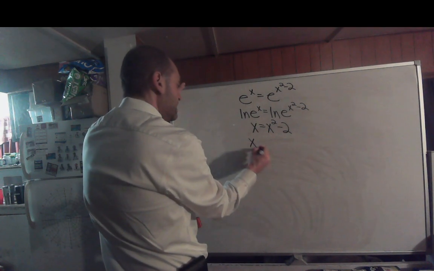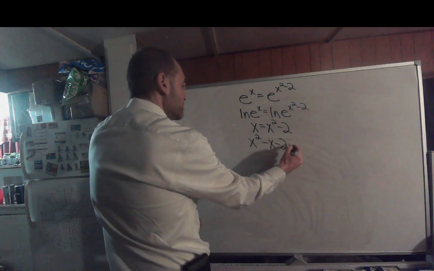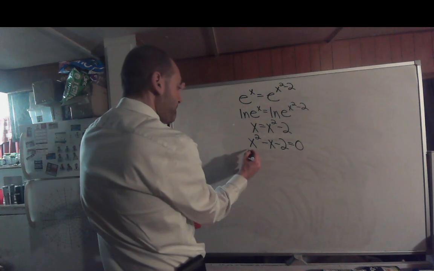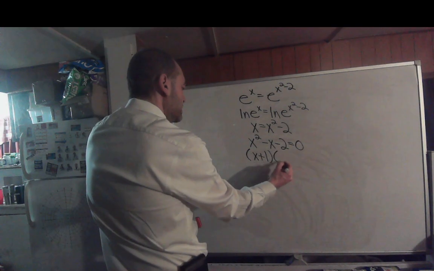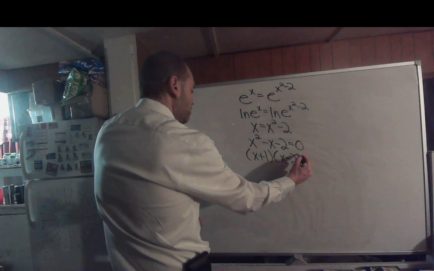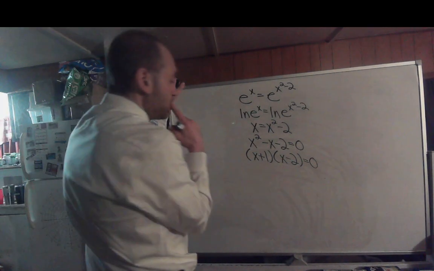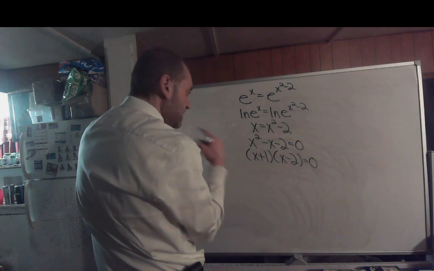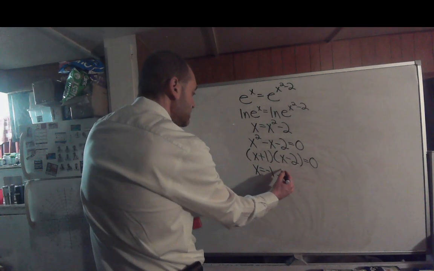So you end up getting x squared minus x minus 2 equals 0, which would factor into x plus 1 quantity times x minus 2 quantity equals 0. So you would get that x equals negative 1 and 2.